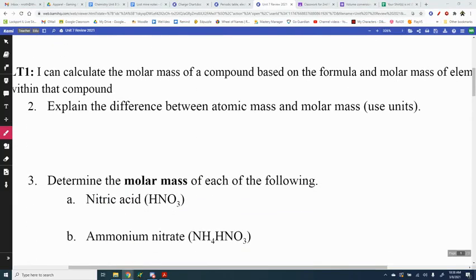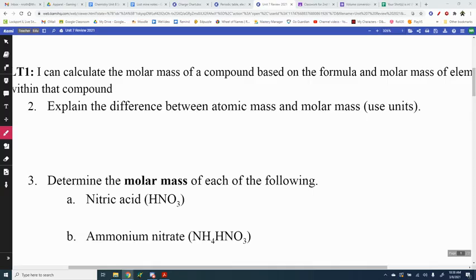All right, so atomic mass versus molar mass. Atomic mass is the mass that one particle of a substance weighs in AMUs, or atomic mass units. By particle I mean an atom or a molecule. If I have one atom of carbon, it weighs 12.01 AMUs. Now, molar mass is how much one mole of a substance weighs in grams.